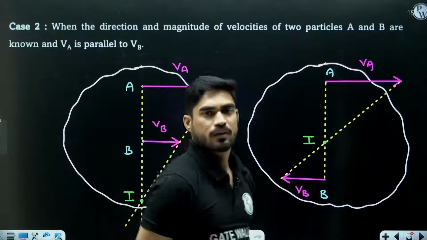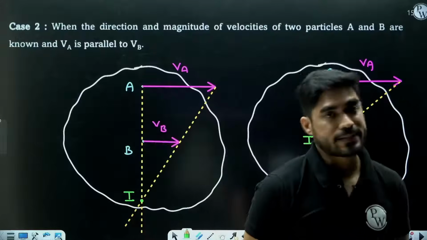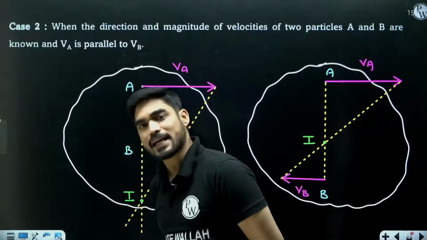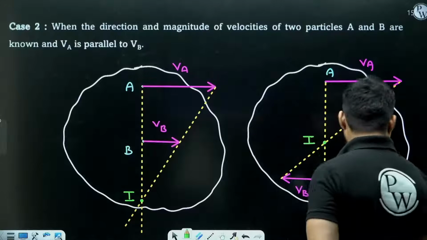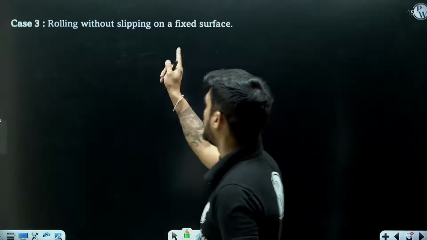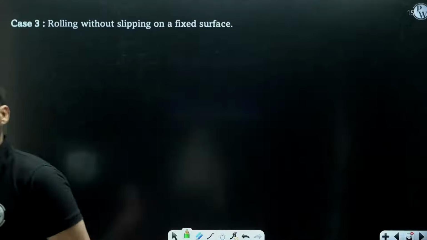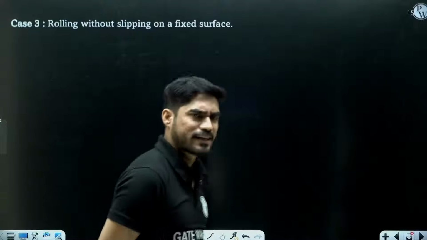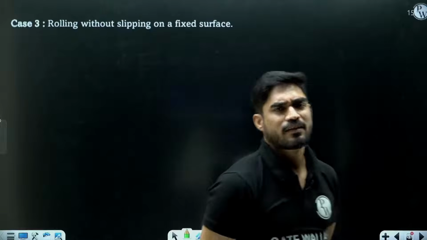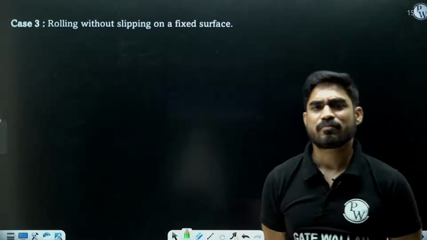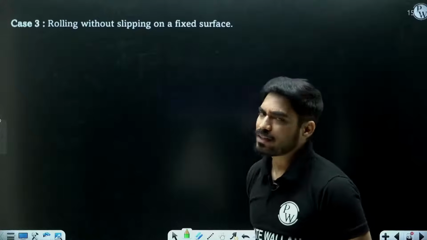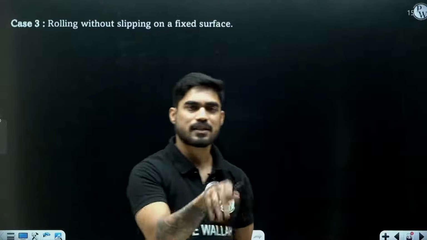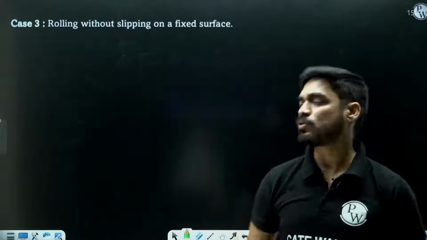Now, third case, very important case. The third case is for a particular type of general motion, which is rolling without slipping. It is the motion of the wheels of automobiles, bicycle, cars, trucks, bikes, all these vehicles. When they move, the wheels of these vehicles are basically rolling without slipping.